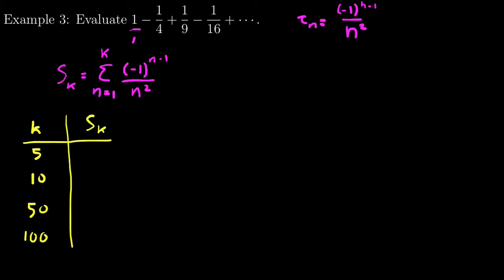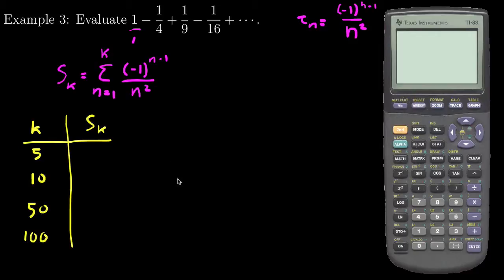So I want to find this sum. In order to do this sum, what I need to do is I will do the sum, which is in list math 5, of the sequence, so that's list operations sequence. I'm going to use n's in here. So I could use x's to be easy, but I'll use n's.